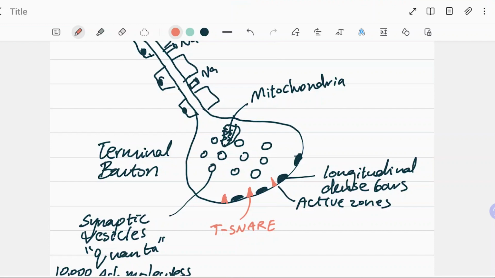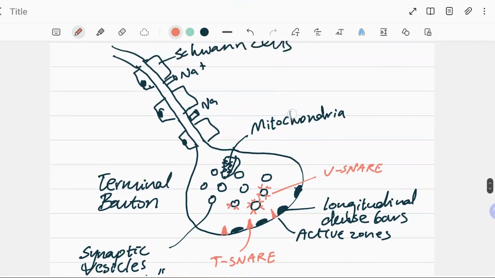This T-SNARE fits like a glove with molecules that coat your vesicles. Your vesicles have these molecules that fit perfectly with the T-SNARE, and we call these V-SNARE, vesicular SNARE protein. V-SNARE, T-SNARE.